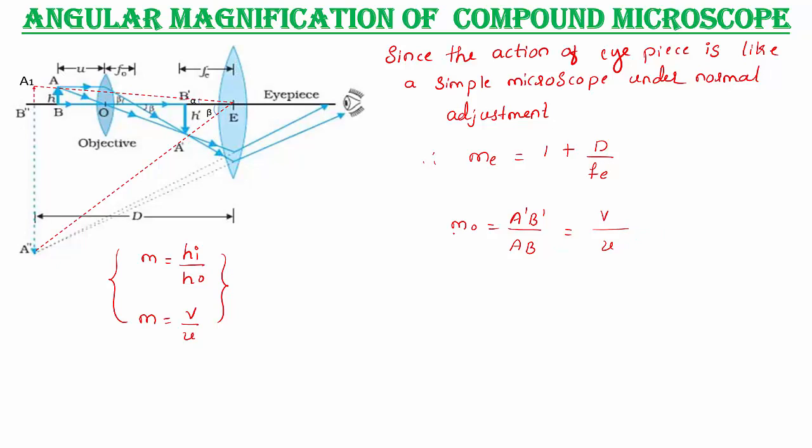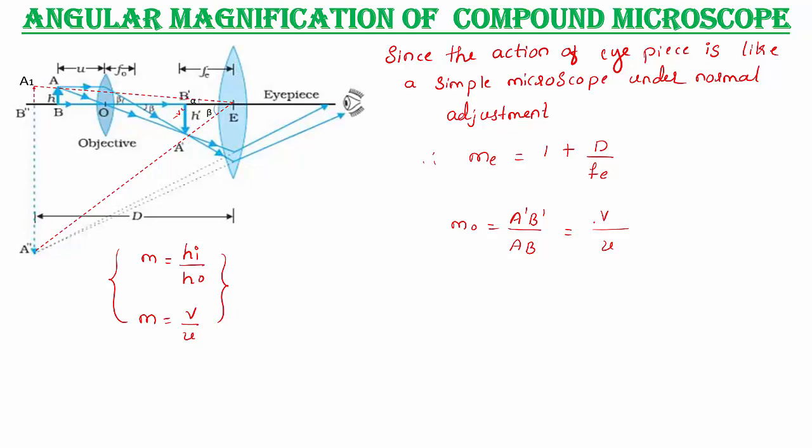But here you can observe the diagram. The image is in the downward direction, but the object is in the upward direction. Both are exactly opposite to each other. According to Cartesian sign convention, we can apply the third rule. When the distances are measured in upward directions, they are taken as positive, and the distances measured in downward directions are taken as negative.